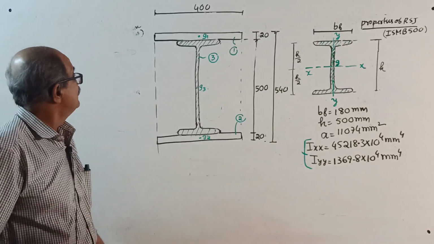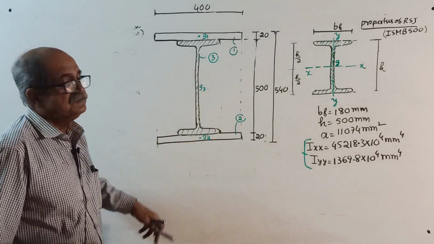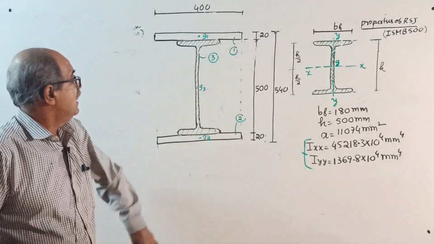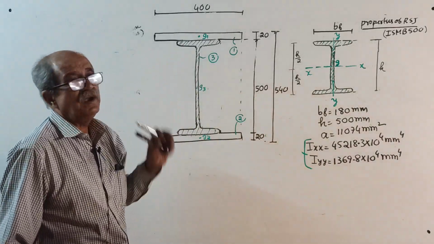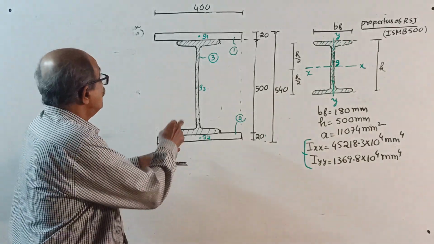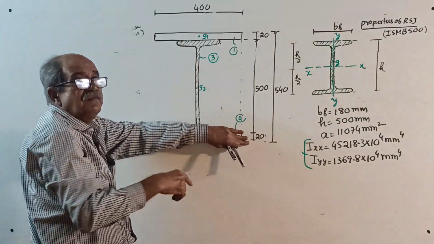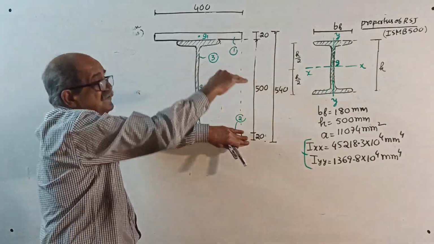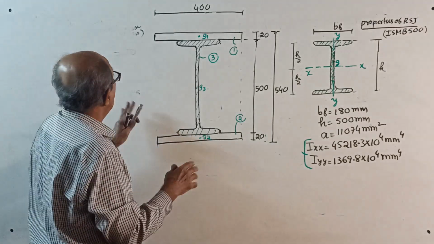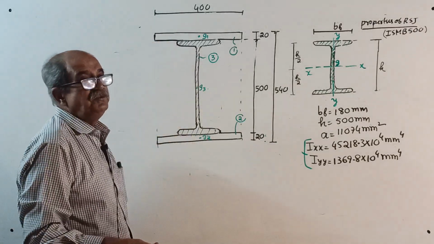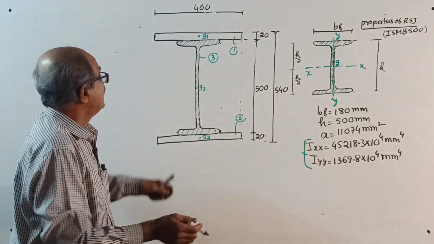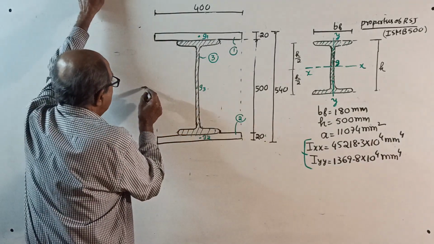Make a note here. This I section is perfectly symmetrical about both x-x and y-y. See, last time in the question, only one plate was there. This is not there. So, y-y was symmetrical there, but x-x we located. This time no, you should write due to symmetry, see, perfect symmetry, your x-axis will exactly pass here.